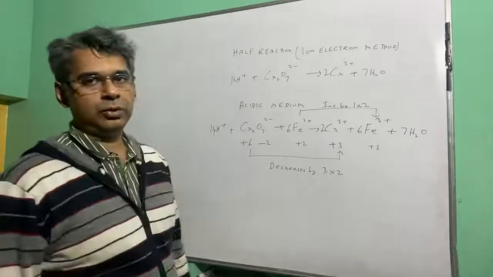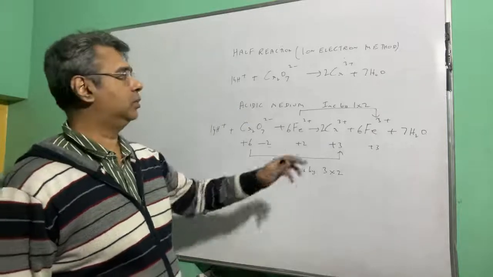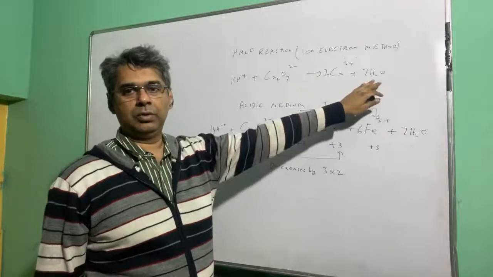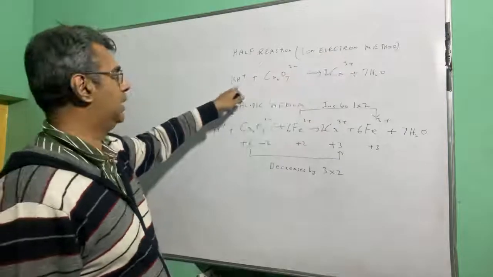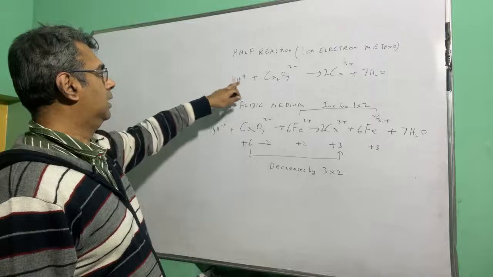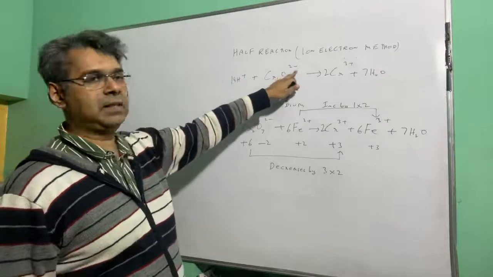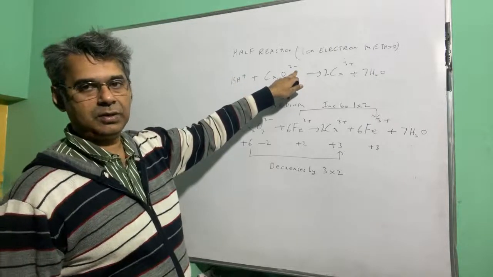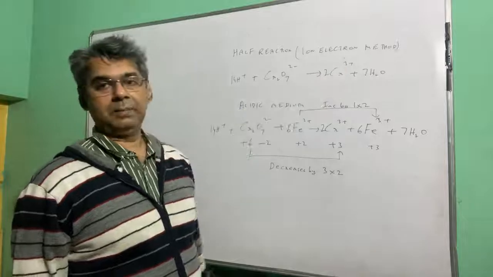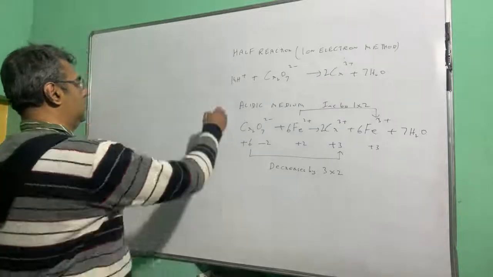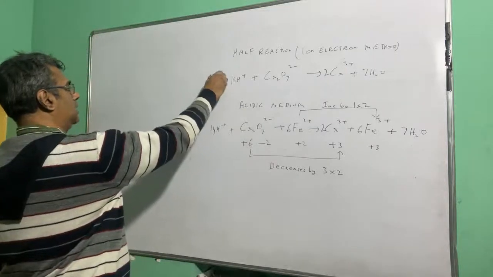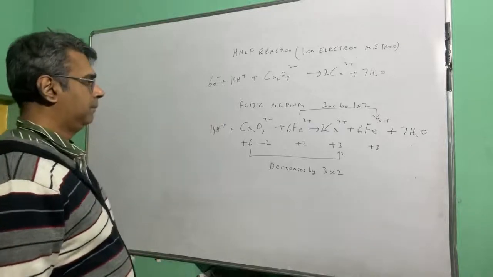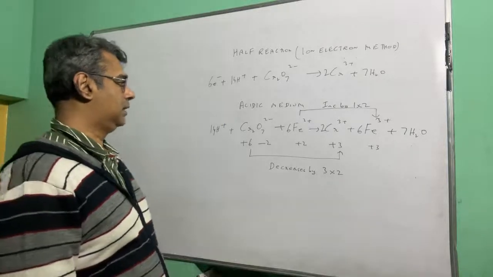Okay, you know the reason why, because I explained to you that whatever H2O you add, there will be excess of hydrogen, so to balance that you have to write H plus. Now here there is a plus 14 charge and a minus 2 charge. Plus 14 minus 2 is 12, and here there is a plus 6 charge. So here you add 6 electrons.